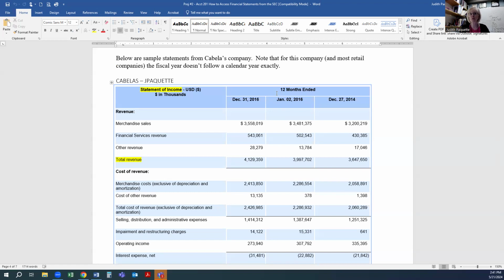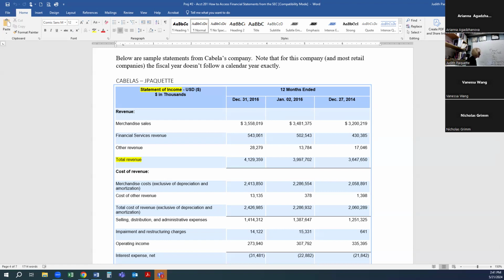So if 2023 is available, you want to use that 10K. And if it is available, you would have 2021, 2022, and 2023. I don't know if you guys can see this from here, but you'd have 23, 22, 21.